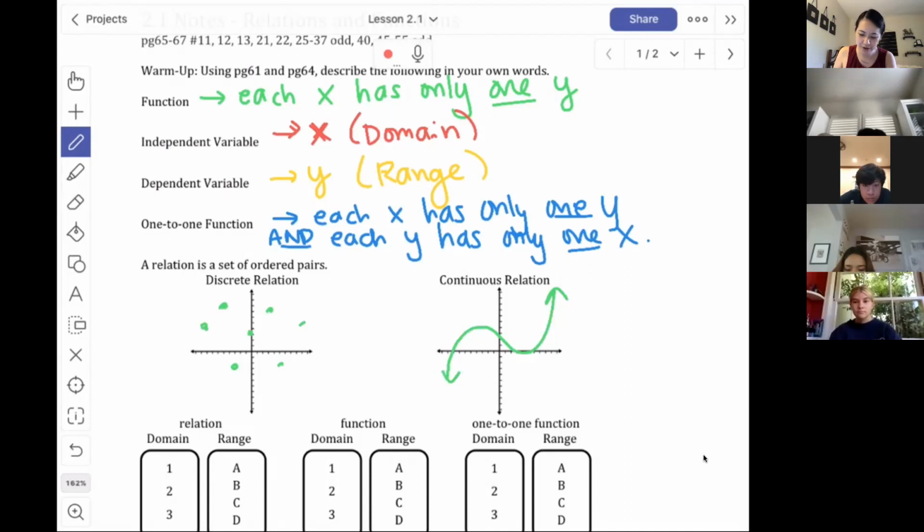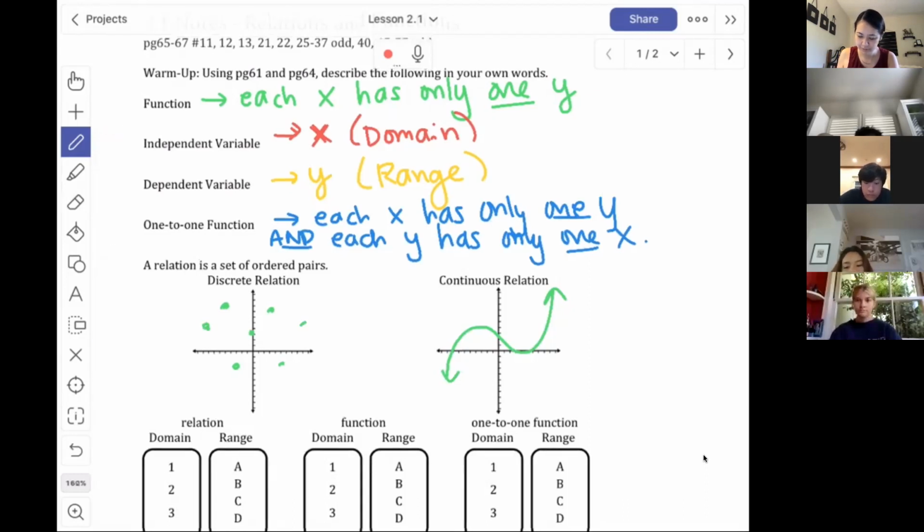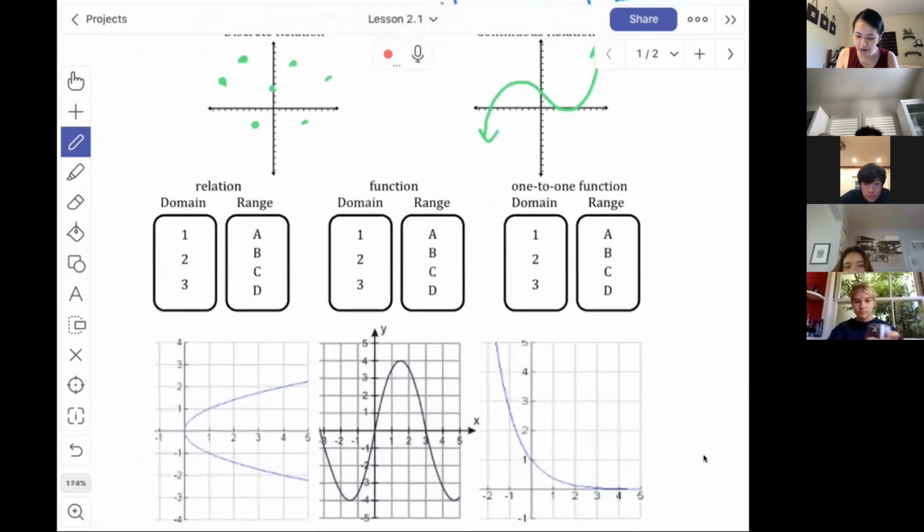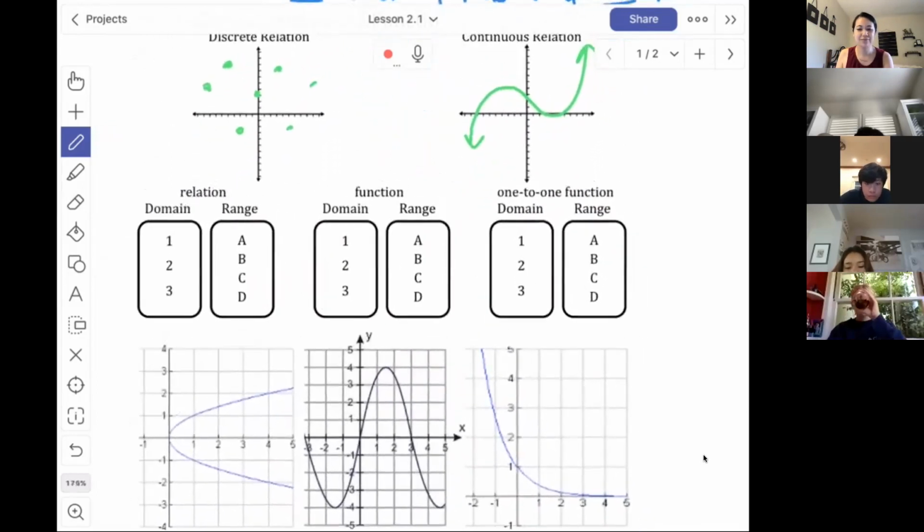Let me give you guys some examples of a relation versus a function versus a one-to-one, and let's see if that makes sense. Let's start with a relation. A relation can be any sort of relationship. There's no criteria at all.